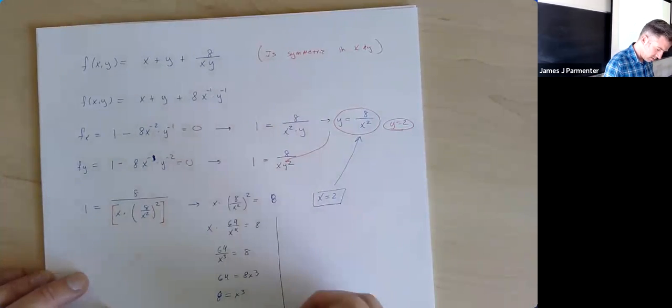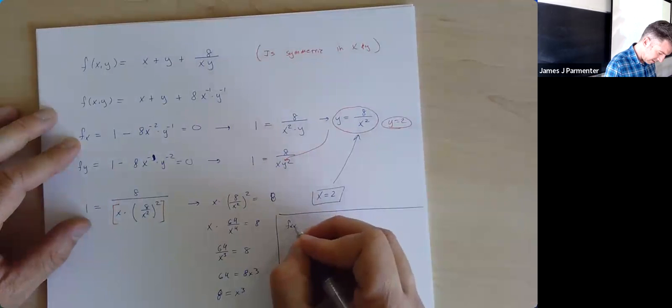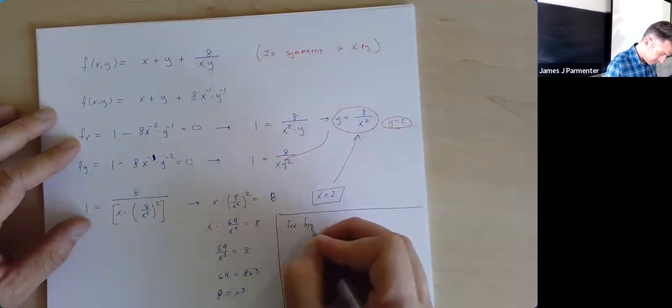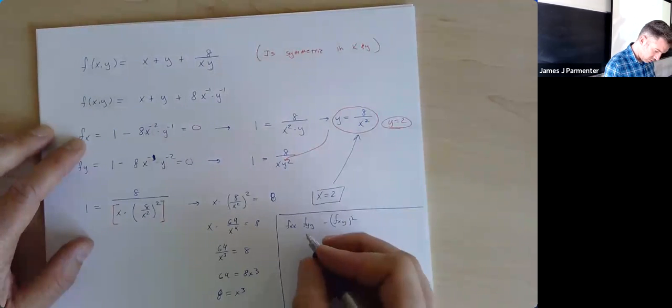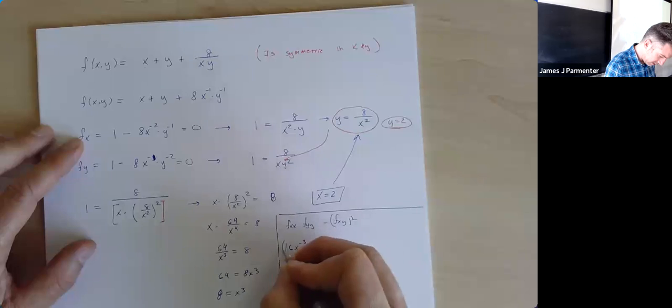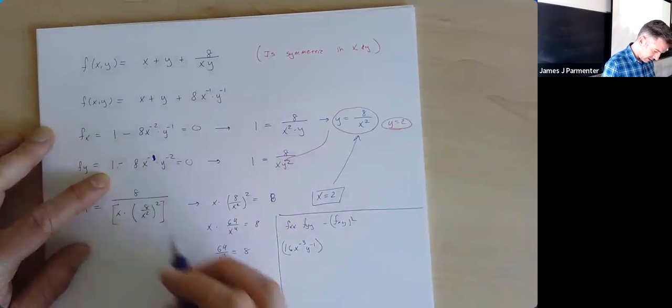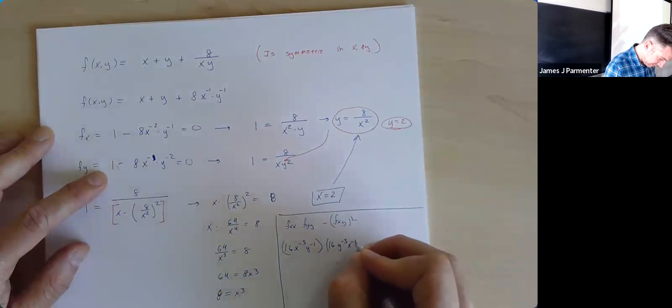Okay, so let's see, fxx. Fxx is not my friend. Let's see, so fxx is going to be positive 16, x to the negative 3rd, y to the negative 1st. Fyy is going to be the same deal, but with y instead of x's, so it's going to be positive 16, y to the negative 3rd, x to the negative 1st.